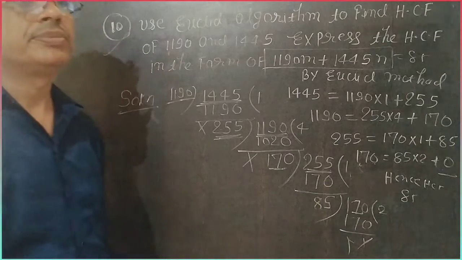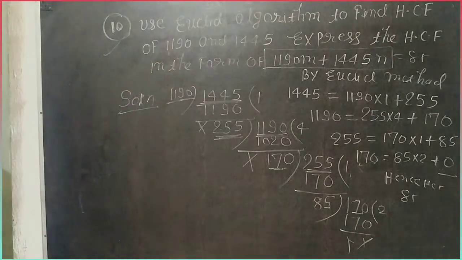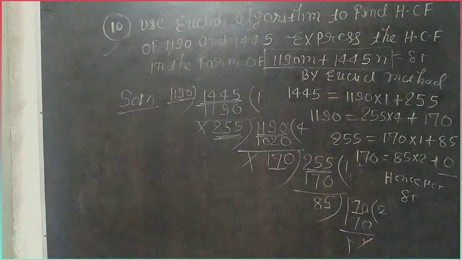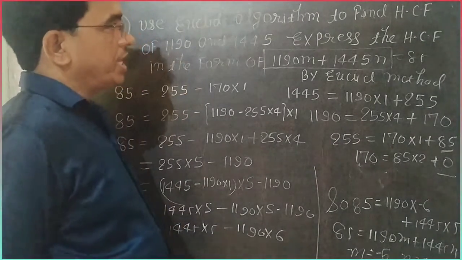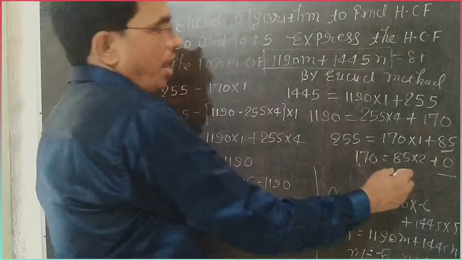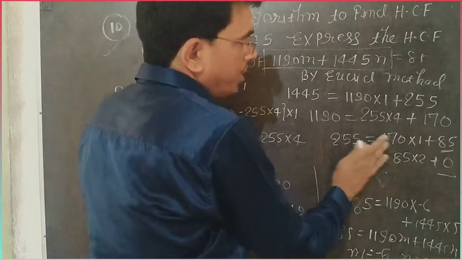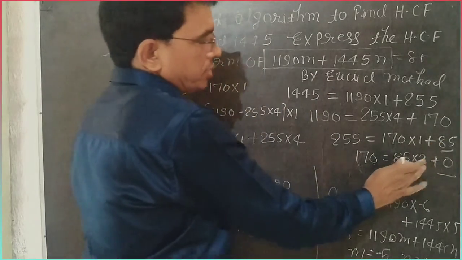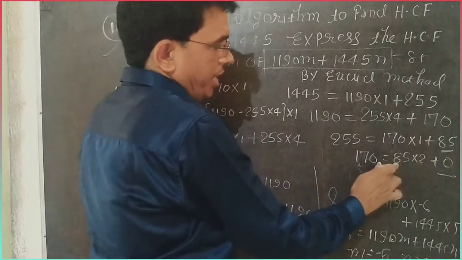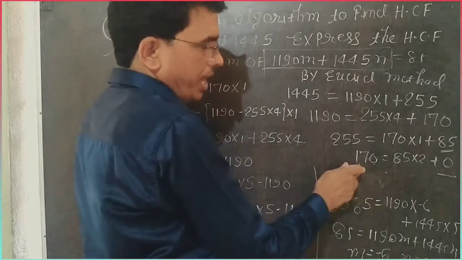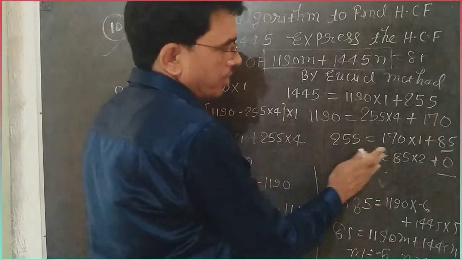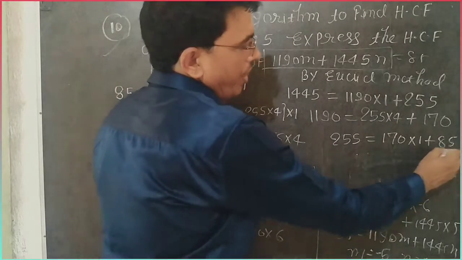How do you find 85 from the Euclid solution? 85 is here. If 85 is there, then 85 is equal to 85, so don't use this. So now you find 85.